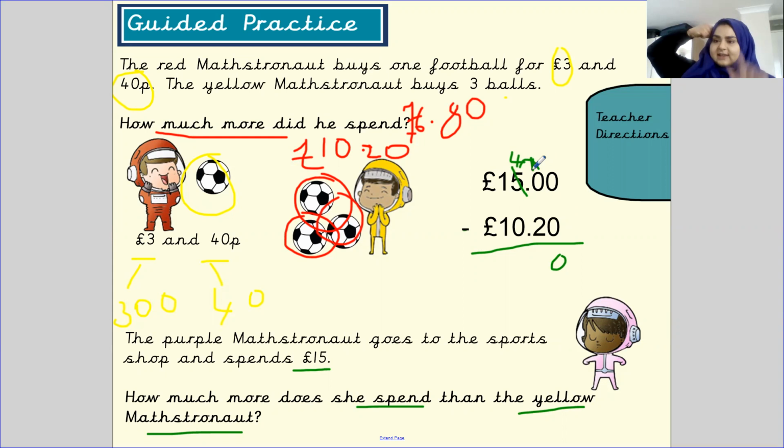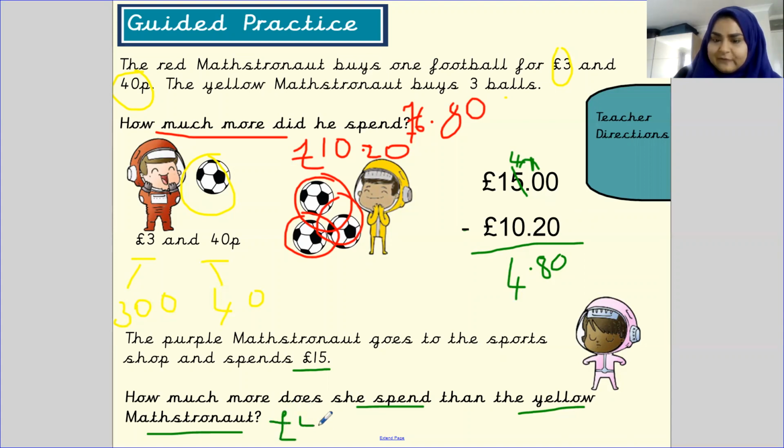Let's lock 10 in our head and take away 2. 10, 9, 8. Okay, so 8. Now 4 take away 0, 4 take away nothing is 4. So the purple astronaut spent £4.80 more than the yellow astronaut. Okay?